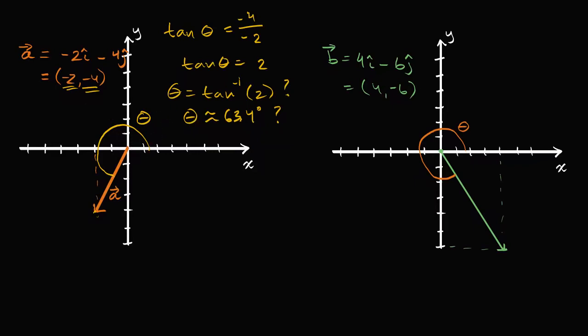If our vector looked like this, so if our vector's components were +2 and +4, then that looks like a 63-degree angle. But we're not in the first quadrant. Our vector A that we care about is in the third quadrant.